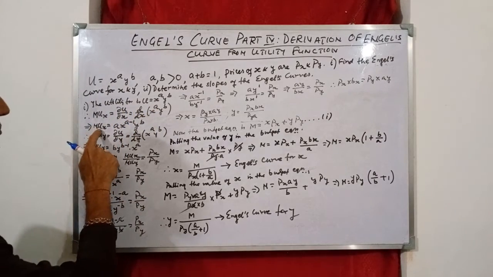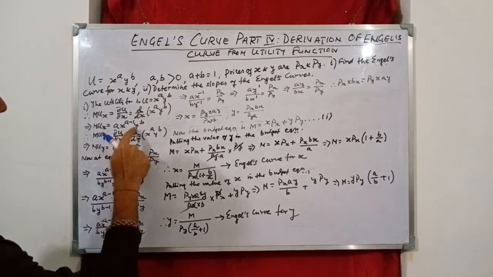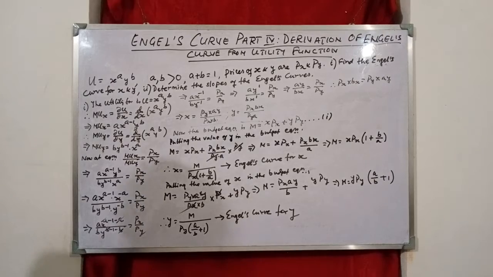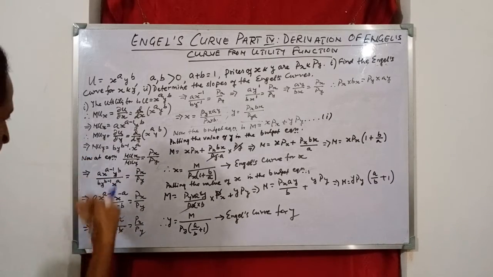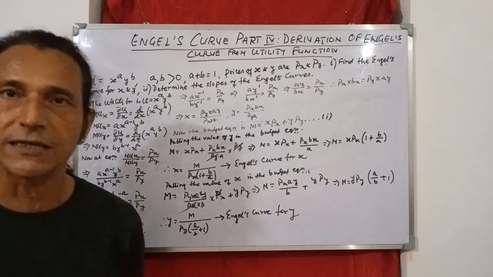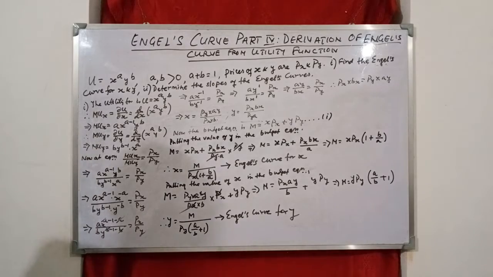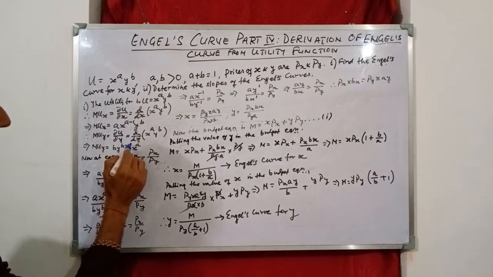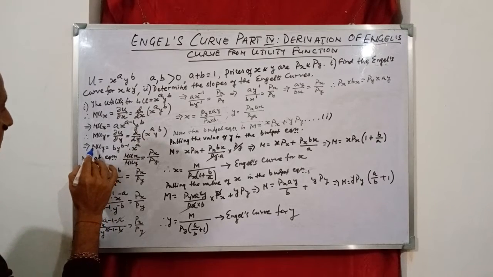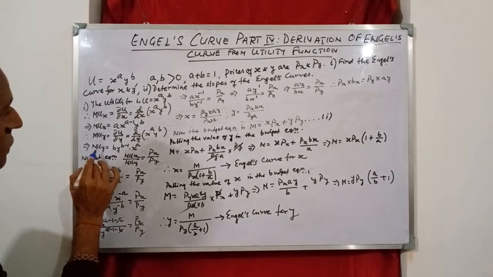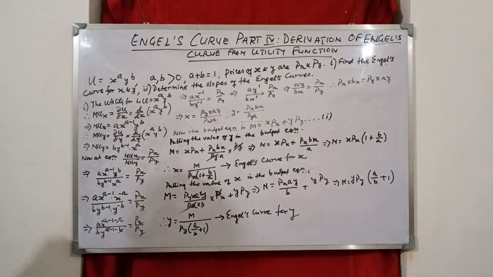Therefore MUx equals a x to the power a minus 1 y to the power b. Similarly, in finding the marginal utility of y, MUy, we have differentiated u with respect to y, that is del u del y equals d/dy of x to the power a y to the power b. Therefore MUy equals b y to the power b minus 1 into x to the power a.